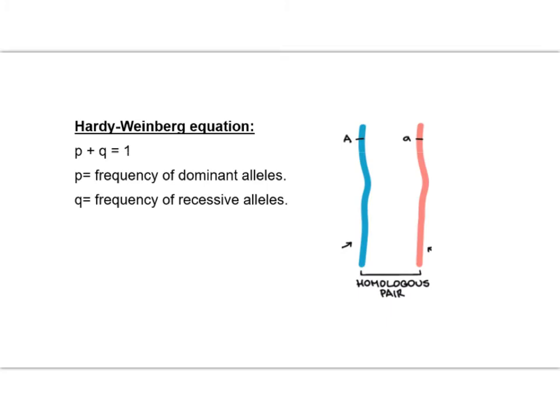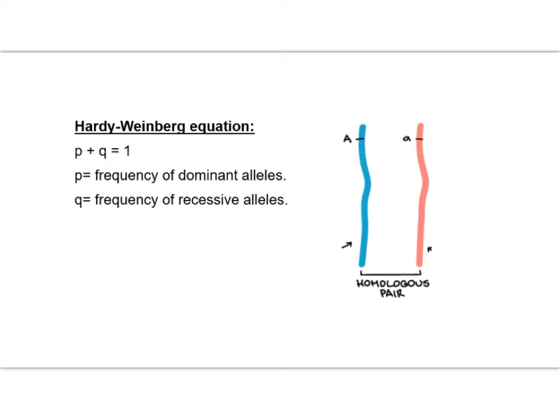There are two really important equations that you need to know, and you usually have to use both equations in an answer. First of all, you've got P plus Q equals 1, where P is the frequency of dominant alleles, and Q is the frequency of recessive alleles. Imagine you've got a homologous pair of chromosomes, and you've got a gene locus A at this position.